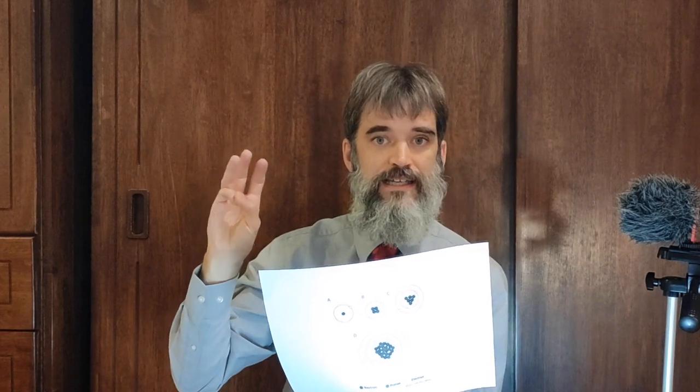Now, the first energy level can only hold 2 electrons total. So once it has 2, it's all the way full. If I have 3, that third one won't fit. So that third one is bumped up into a higher energy level. So that electron is going to have a whole lot more energy than the first 2 do. Then it's going to be a lot less stable than those first 2 are.